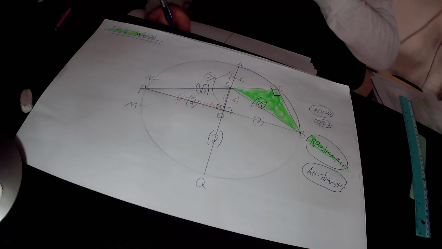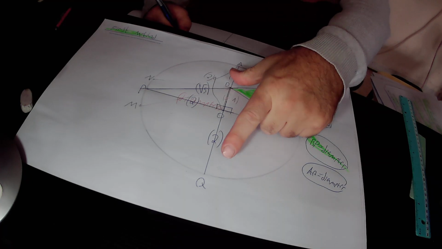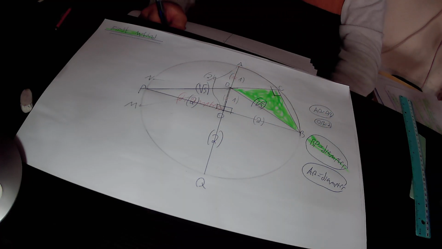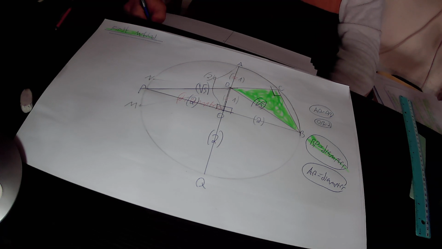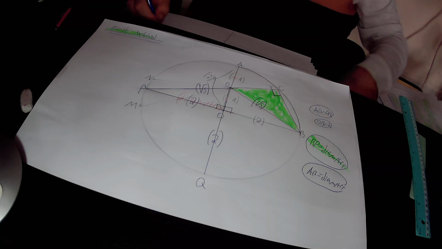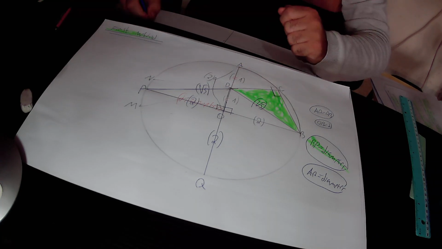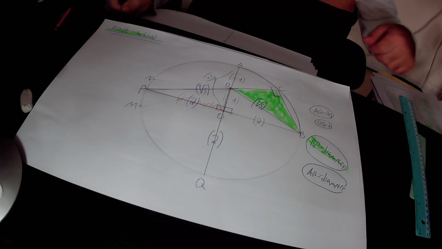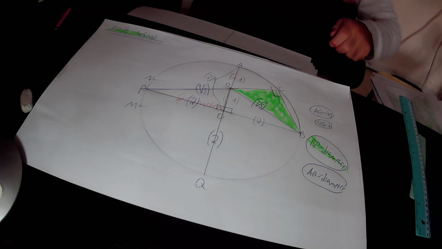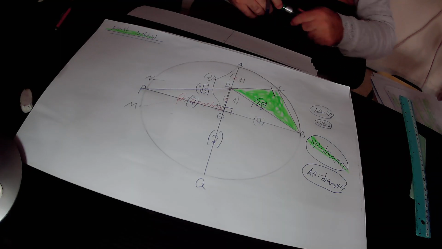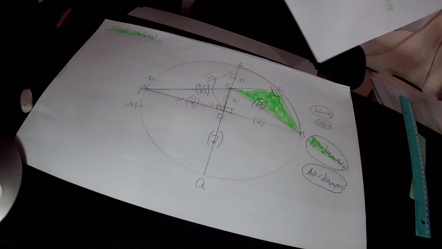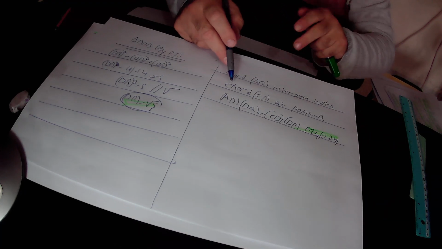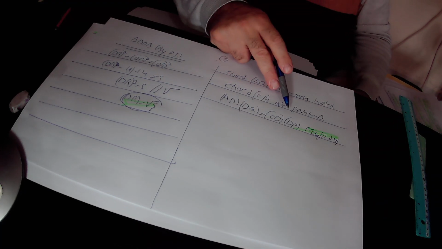Again, according to the theorem, AD times DQ equals CD times DP.